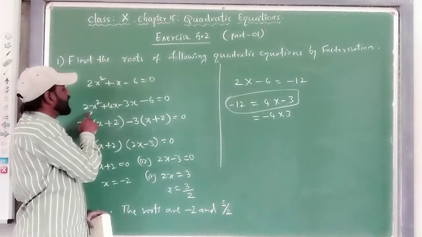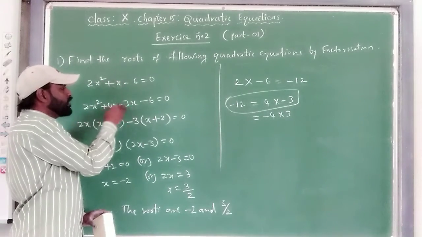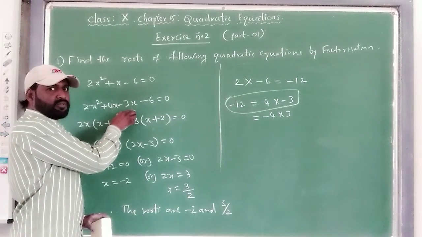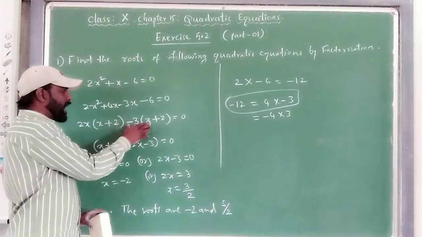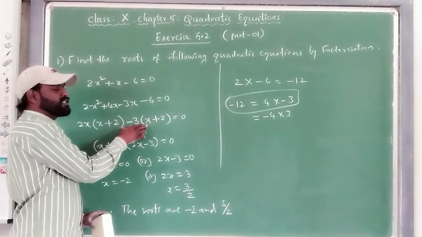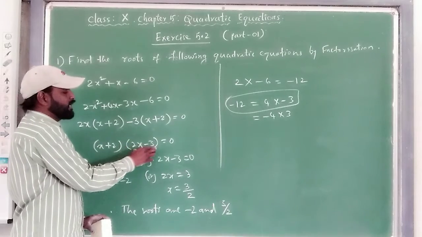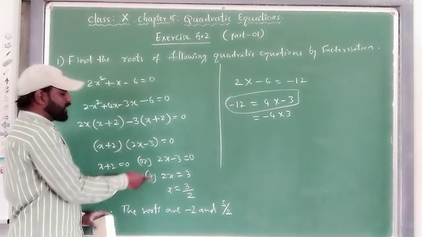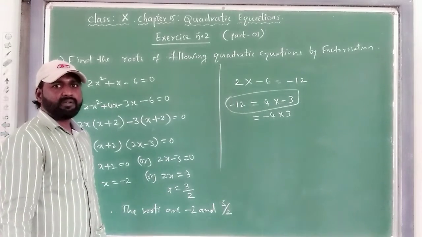The first term you write as this, the last term you write as this, and the middle term only you have to write as the sum of two different terms or the difference of two different terms, so that you can take common. The two brackets which you are getting should both be the same, so that you will take that as common, and the remaining you will be getting in the other term. Then you transpose the constant terms to the other side in order to get the x value. Those are the roots of the quadratic equation.